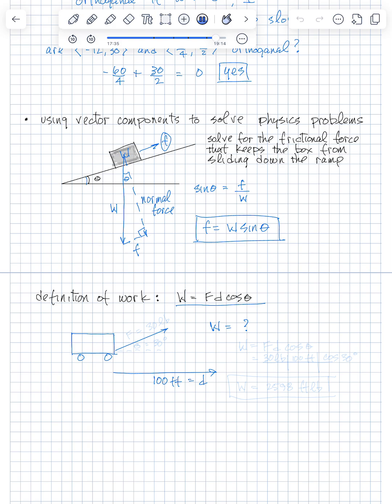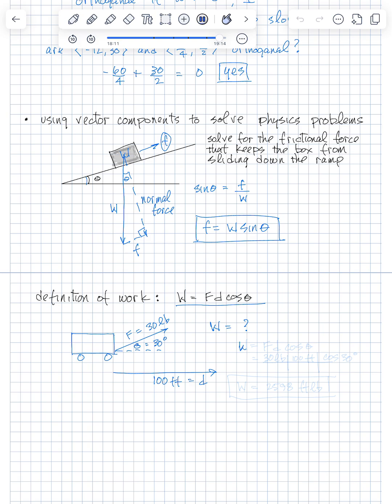And let's say this force is 30 pounds. And the angle, this is theta here, it's the angle between the force vector and the displacement vector. So let's say it's 30 degrees. And we want to find the work.